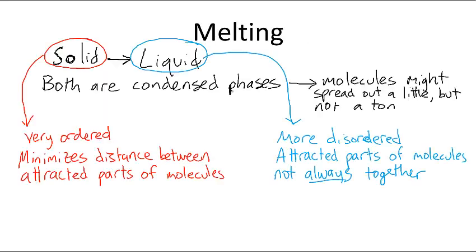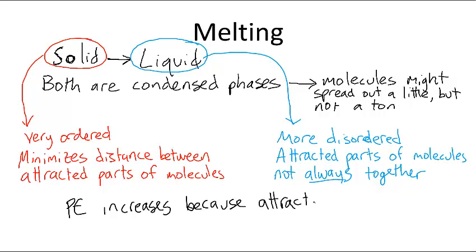And the reason is you are separating some of the attracted particles. Okay? So in both cases, potential energy increases because the attracted parts are no longer as close as possible.